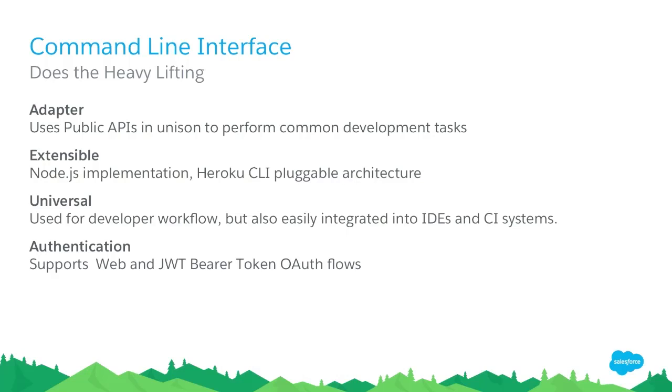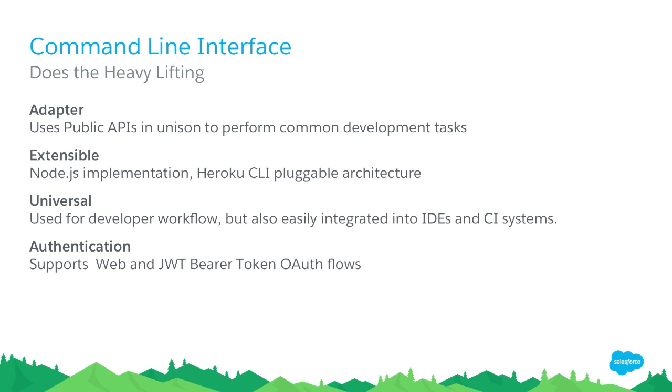Throughout our demos so far, you've noticed, and as Jim mentioned, this is all being done via a CLI. The CLI is the piece that does the heavy lifting for the Salesforce DX project. It's an adapter, so it takes existing public APIs, maybe a couple of new ones, and stitches them together in a way that automates common development tasks.